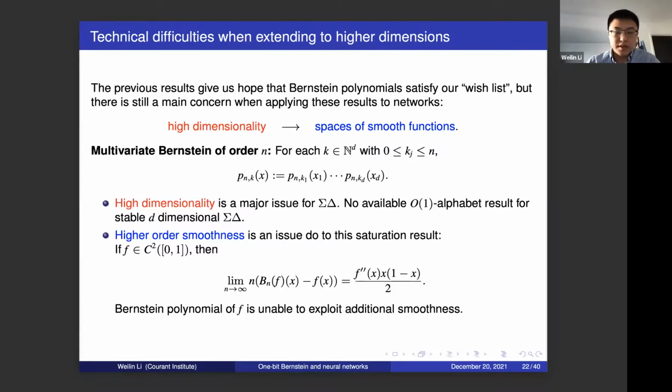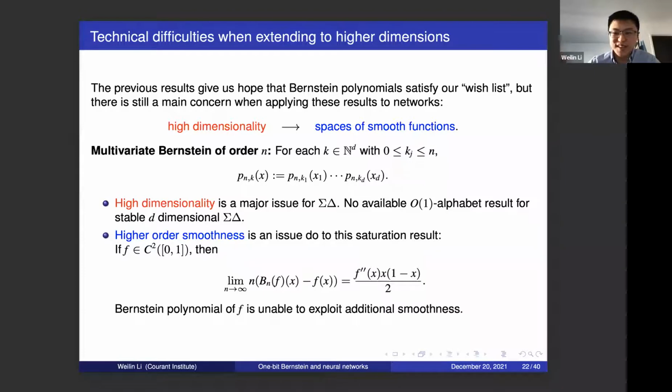The reason here is that in higher dimensions, sigma delta is primarily a one-dimensional tool. There are extensions to higher dimensions, but there's no dimension-independent alphabet that is stable for sigma delta. Why is that a problem? Well, the only advantage of sigma delta is that it allows you to do coarse quantization.